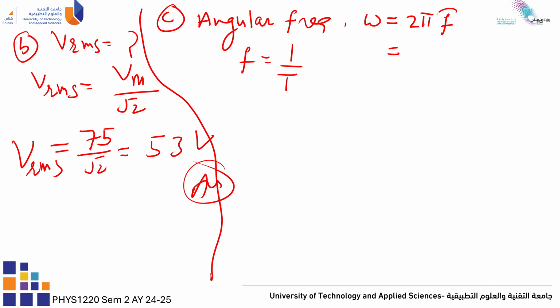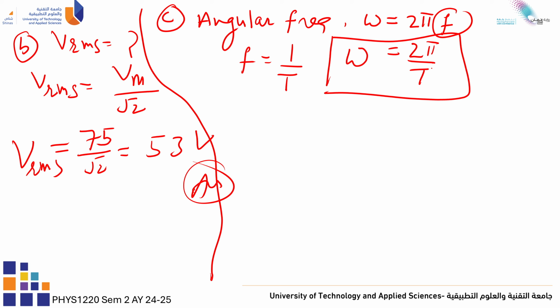Replacing f by 1 over T, this will be 2 pi over T. So this is the formula I am going to use here for the angular frequency omega.